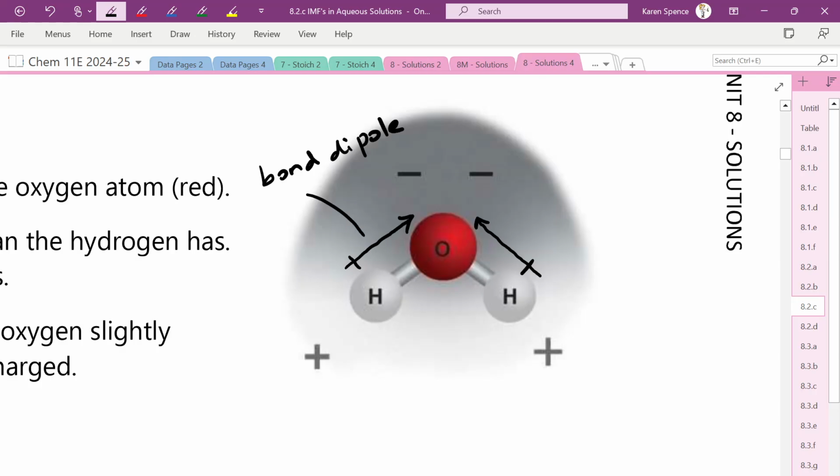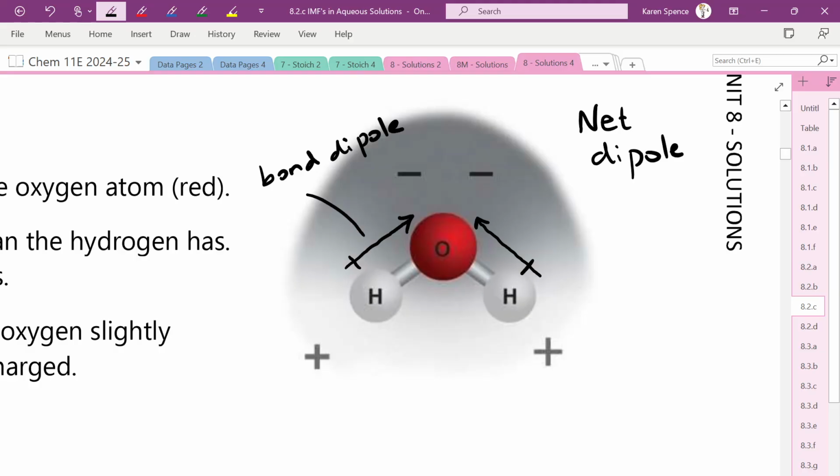What do we get as our net dipole, the overall dipole? Which direction would that point? Have a chat with your neighbor about that. Are we finding the net dipole?